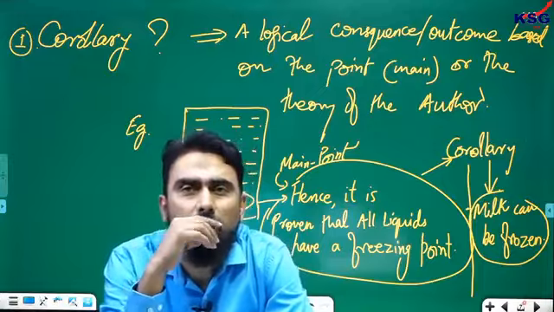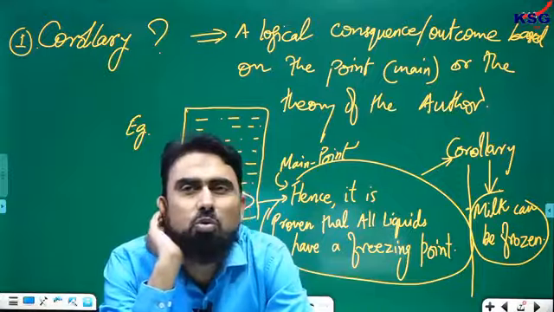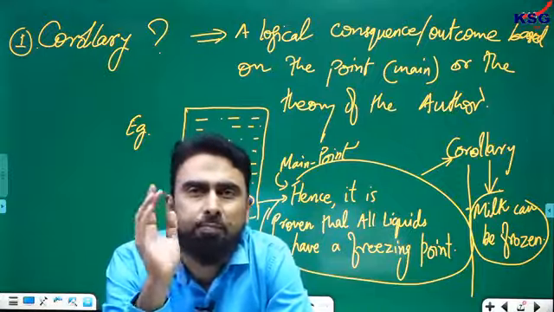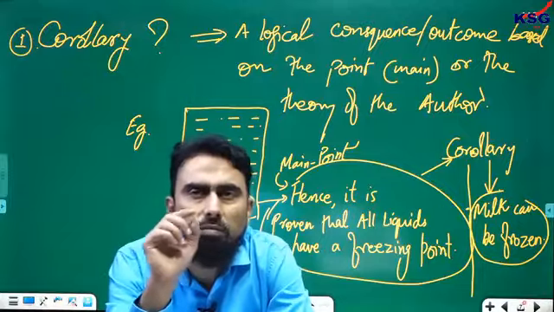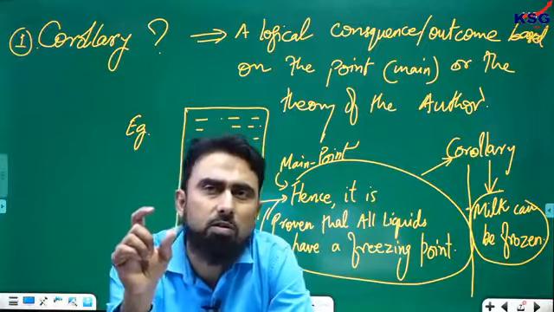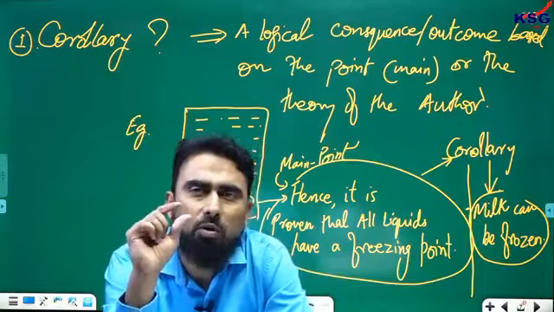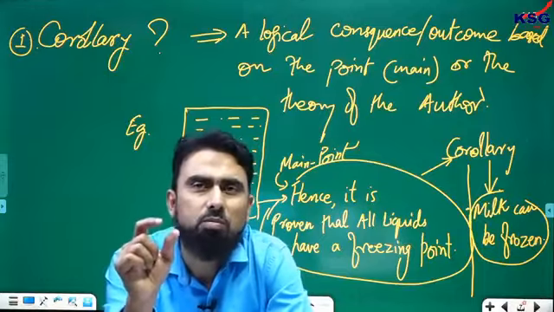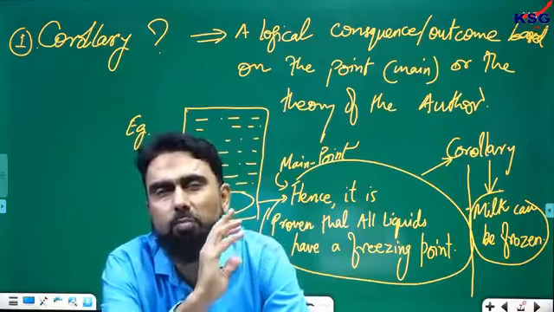And if you remember, in mathematics, you used to use this word corollary. Suppose you were proving some equation, and then you come across a certain case where you feel a particular theorem can be used. Any theorem, let's say Pythagoras theorem, or a theorem of any other mathematician.